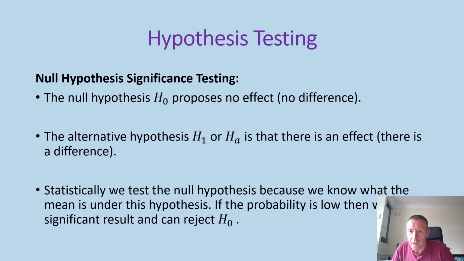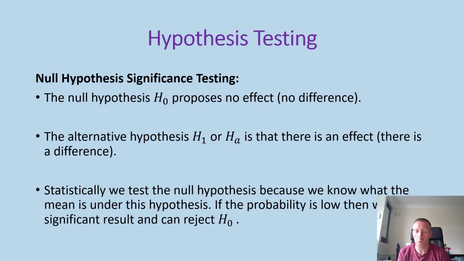If the probability of getting those results is small, then we can reject the null hypothesis as it probably isn't true. We can believe that the alternative hypothesis H1 is probably true. We never really know if the null hypothesis is false. All we do is gather evidence against it.